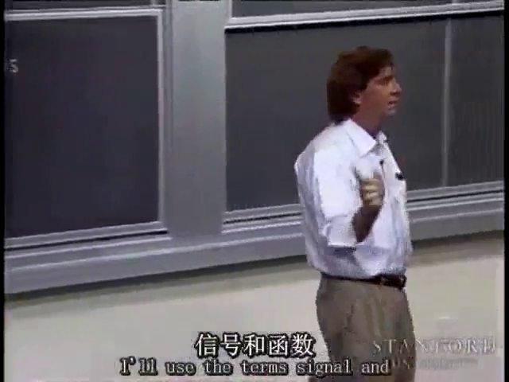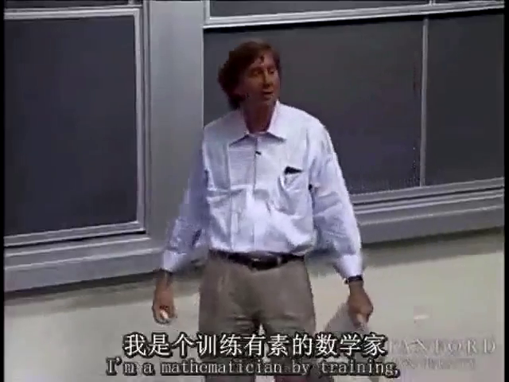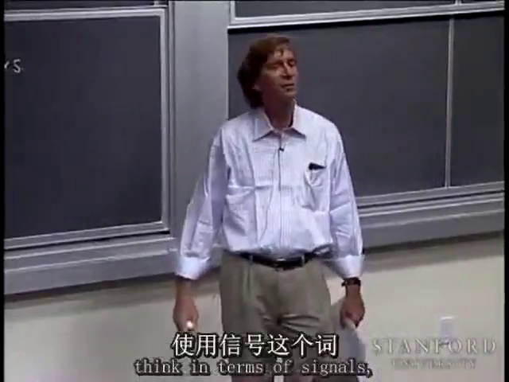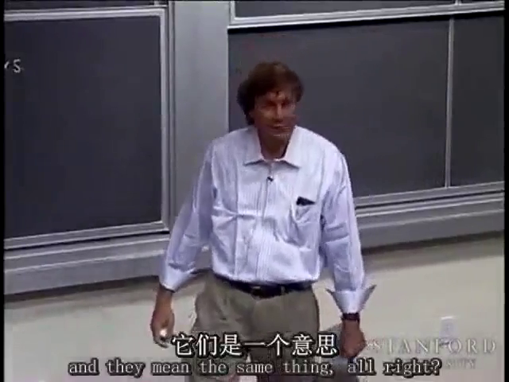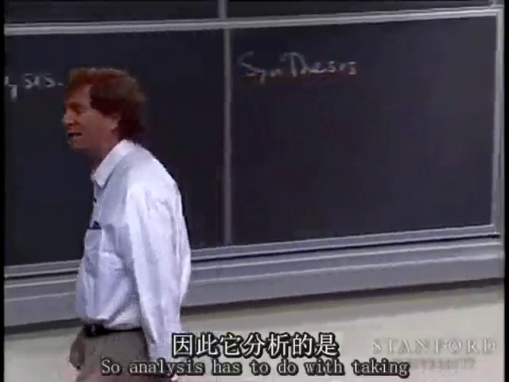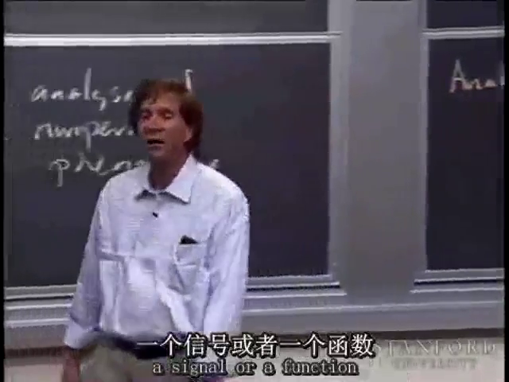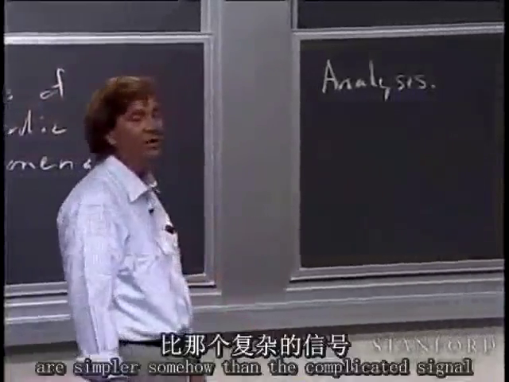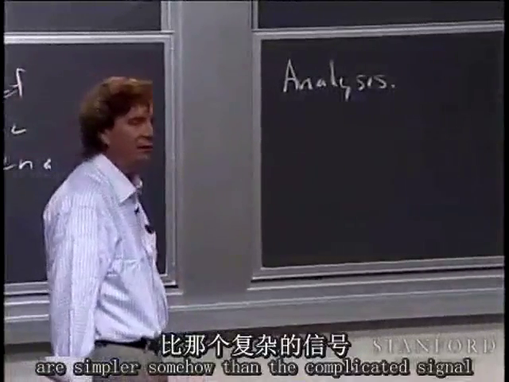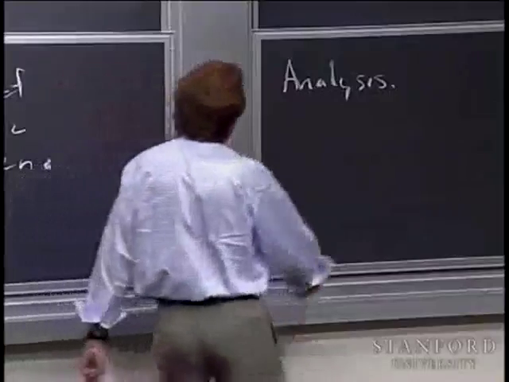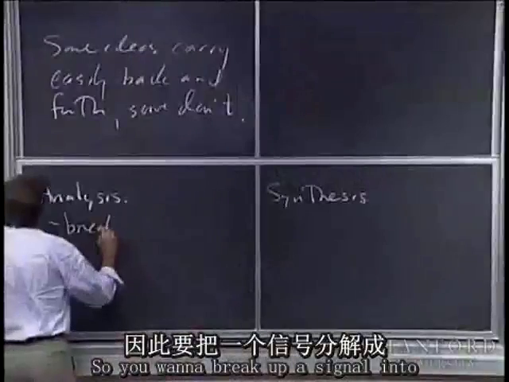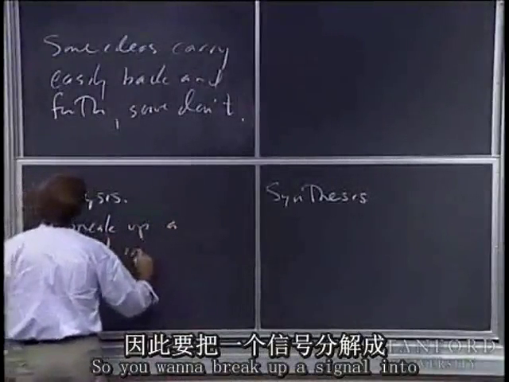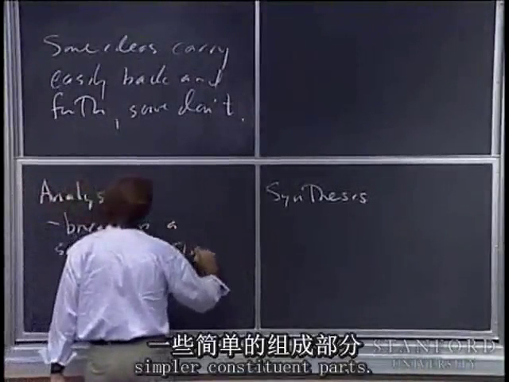I'll use the terms signal and function pretty much interchangeably. I'm a mathematician by training, so I tend to think in terms of functions, but electrical engineers tend to think in terms of signals, and they mean the same thing. So analysis has to do with taking a signal or a function and breaking it up into its constituent parts, and you hope the constituent parts are somehow simpler than the complicated signal as it comes to you.